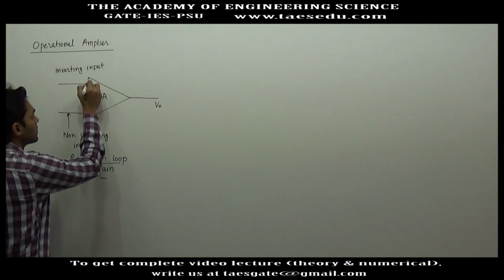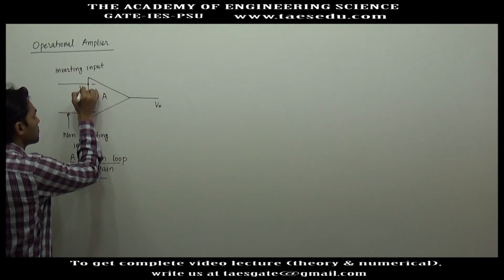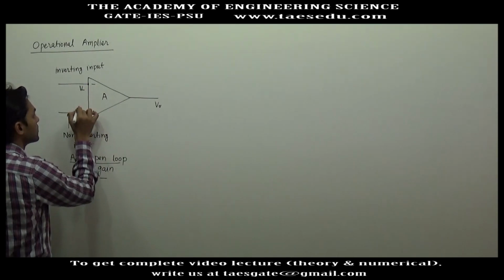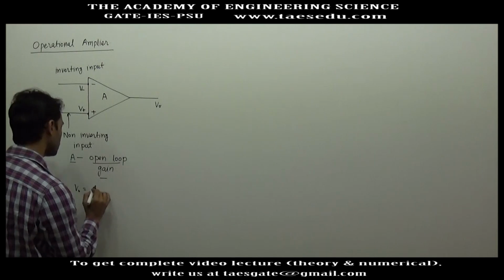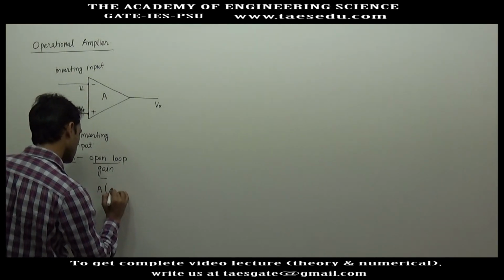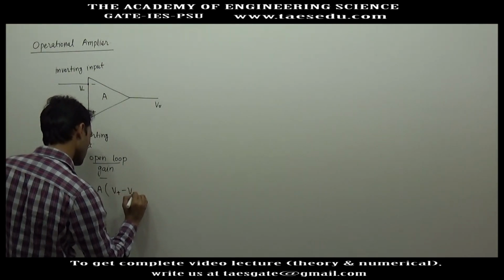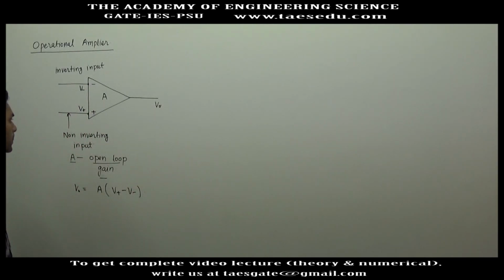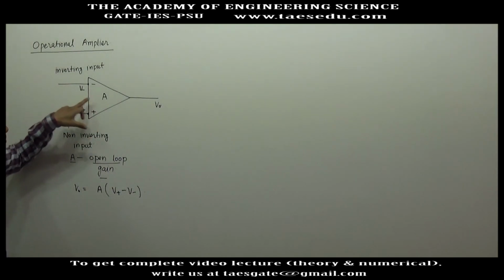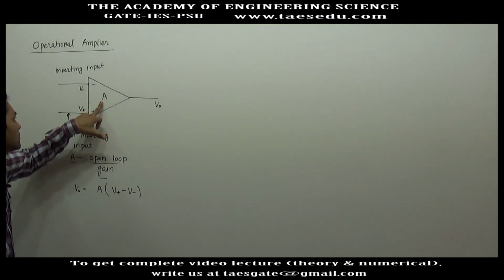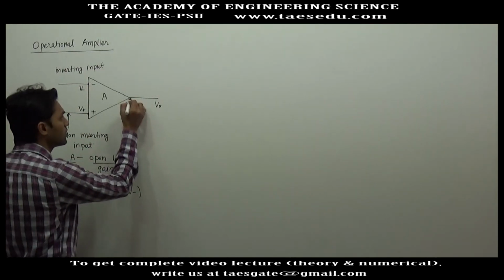Let's say the voltage of this input is V minus and this is V plus. The output will be A into (V plus minus V minus). You subtract these two voltages, V plus minus V minus, and multiply with the open loop gain, and you will get the output.